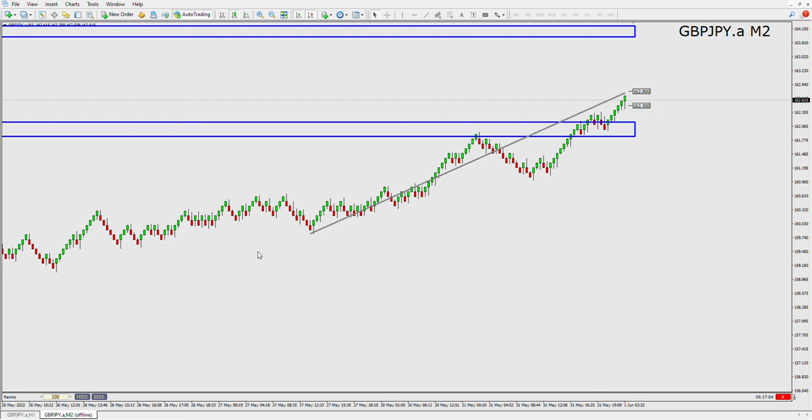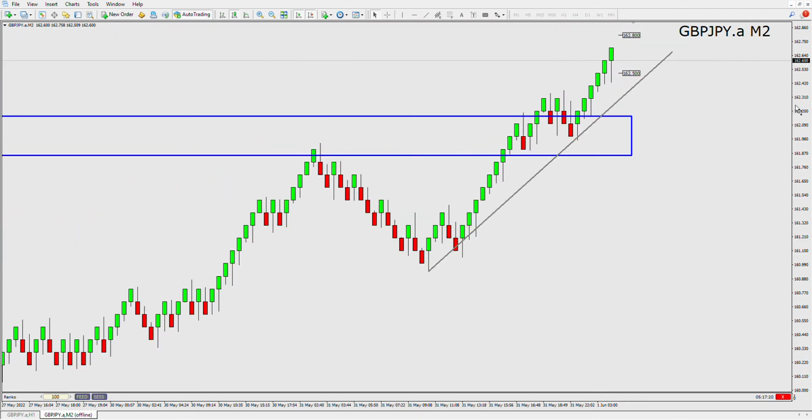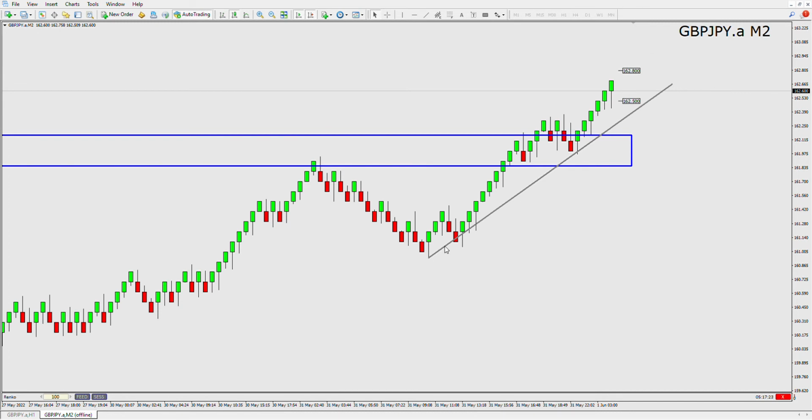And if we go to the 10 Renko box size, as I told you before, I don't like the 10 pip Renko box size for British pairs. However, if you want the 10 pip, you still need a pullback to this trend line here, and then a bounce up from the trend line.